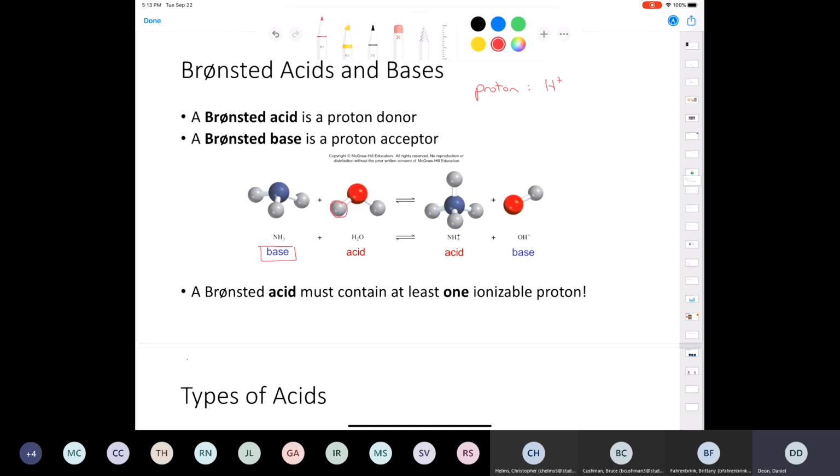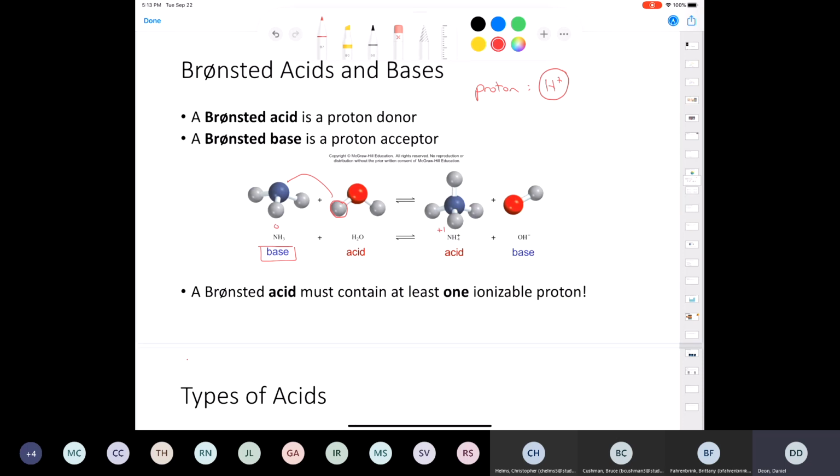So when it takes that proton over to the ammonia, what you end up with is NH4+. Now, why does that have a positive charge? Because a proton has a +1 charge. So if you take something with a charge of 0 and you add +1 to it, you get a +1 charge. The same thing is true when we think about the water.